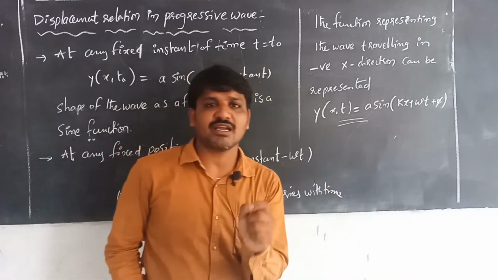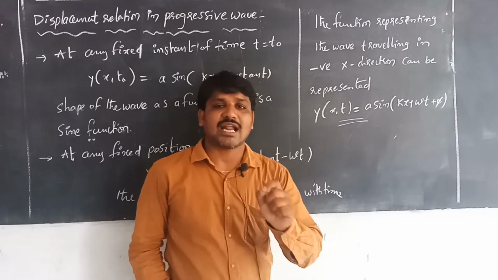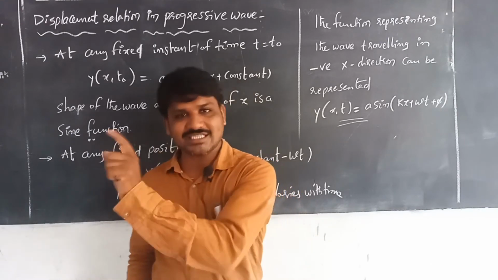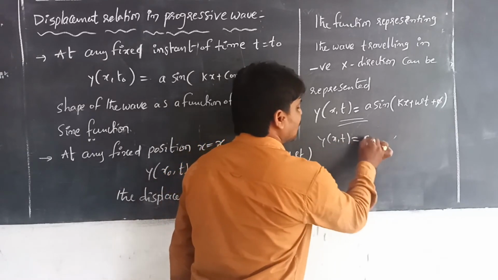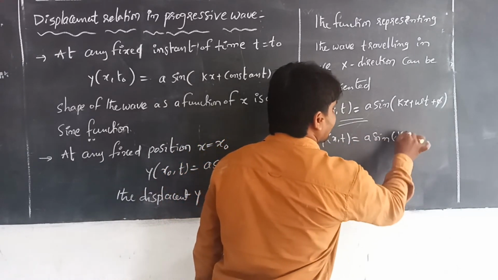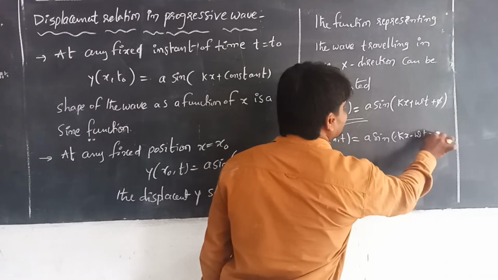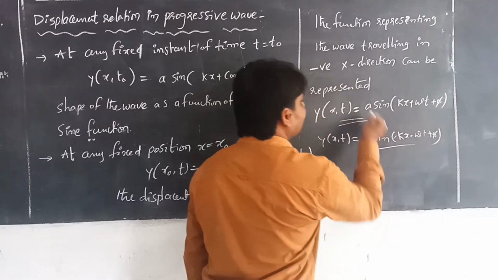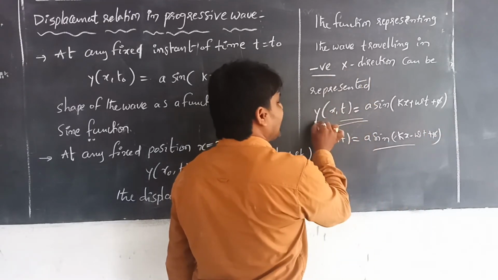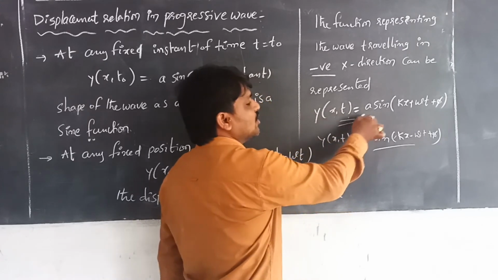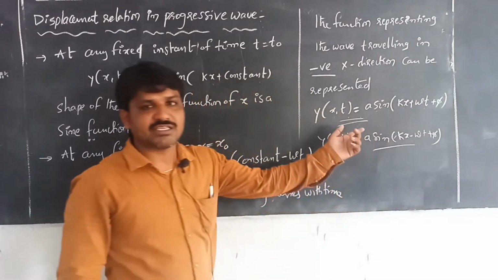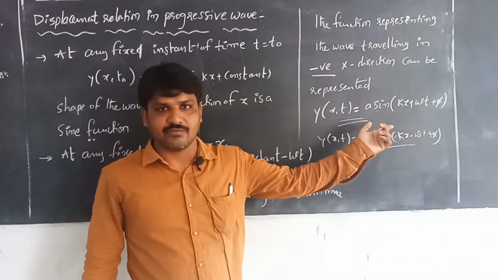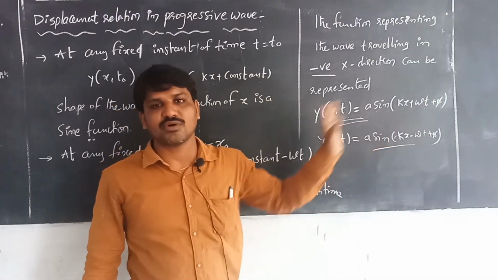When the displacement of a traveling wave is in the positive x direction, then y(x,t) = a sin(kx − ωt + φ). In the case of the negative direction, y(x,t) = a sin(kx + ωt + φ). These are the equations for the displacement relation of the progressive wave.